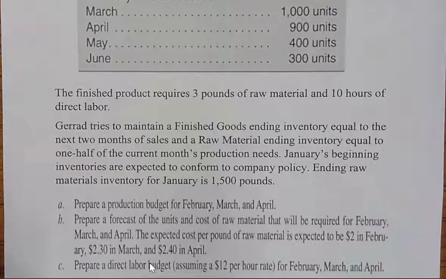Okay, so it says prepare a production budget, a direct materials budget, and a labor budget. It does not say anything about preparing a sales budget, but guess what? We have to do that anyway, because hopefully you know this. If you don't, you're going to learn it right now. For a master budget, we must prepare the sales budget first.